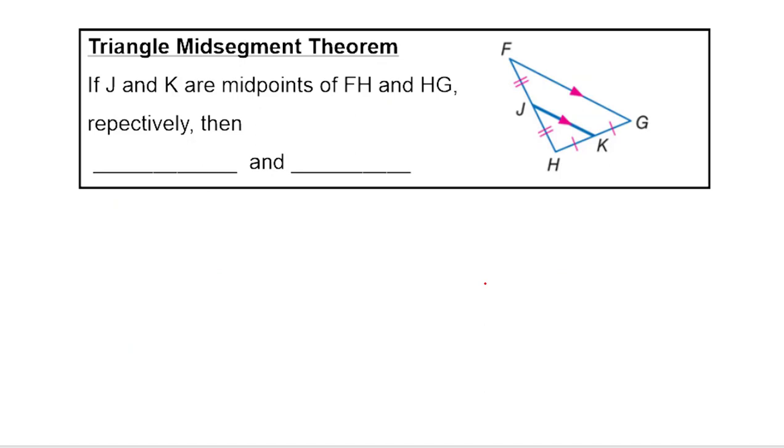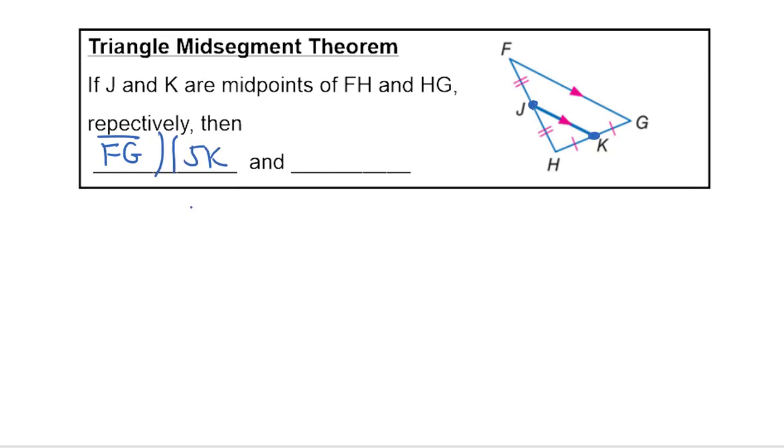Okay, triangle midsegment theorem. This is also a favorite of mine. If J and K are midpoints of two sides of a triangle, then the third side of the triangle, FG, is parallel to JK.